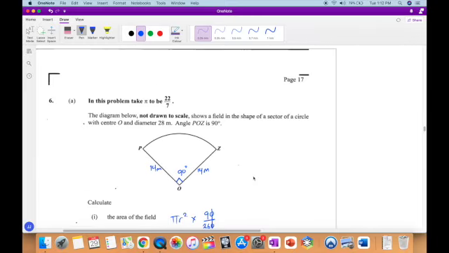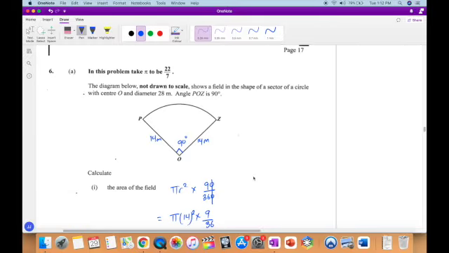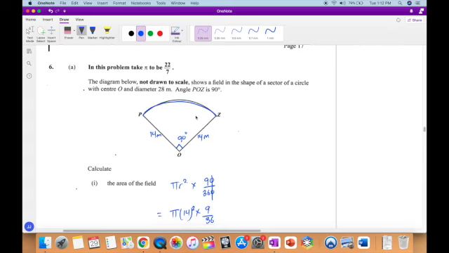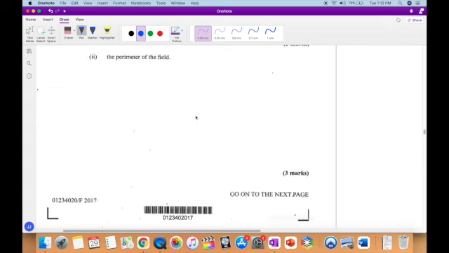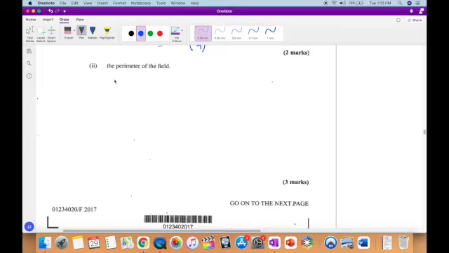The perimeter of the field, well, we have 14 and 14, but we need to find what this is. Of course, that is part of the circumference of the circle. So we first need to find the arc PZ, which is 2 pi r multiplied by the fraction of that part of the circle.